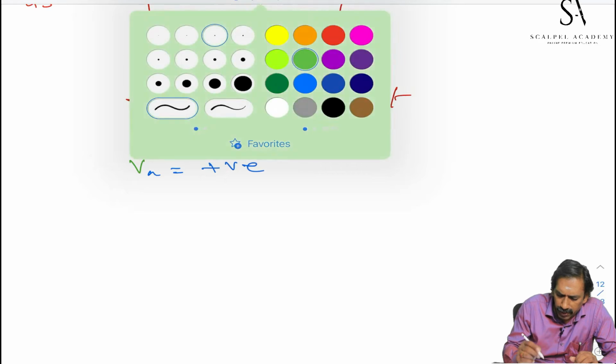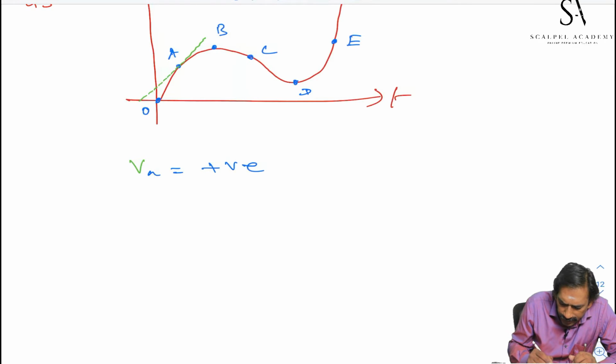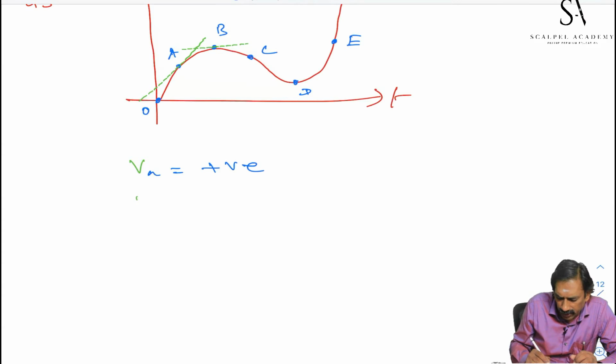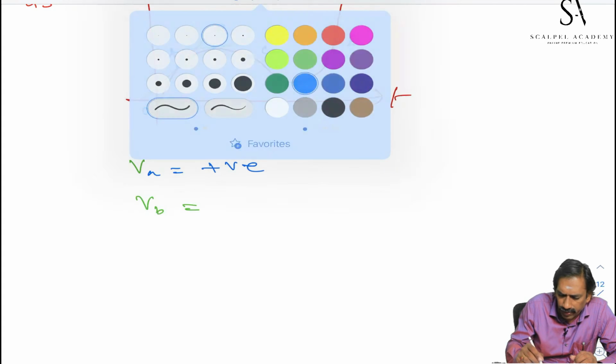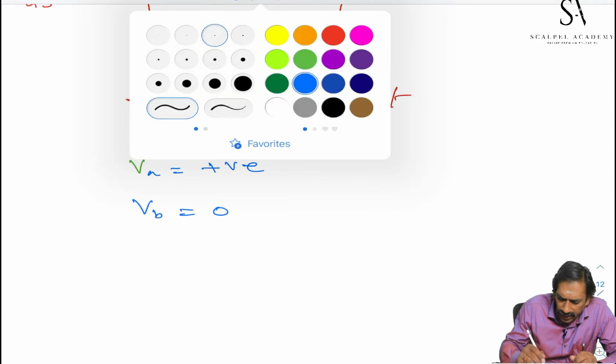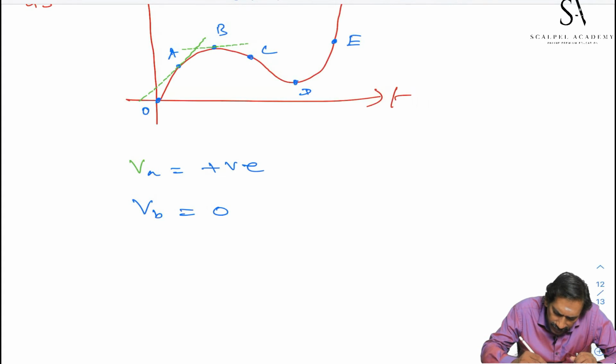If you draw a tangent at B, that tangent will be parallel to the time axis. So, velocity at B is equal to 0. If you draw a tangent at C, that straight line makes an angle greater than 90 degrees.